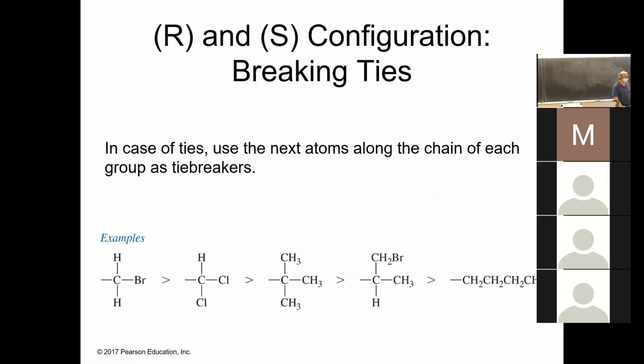I'll mention this again. If there's a tie, we go out to the next atom. And 1 bromine beats out 2 chlorines. Bromine has a higher atomic number than chlorine. As soon as we find a difference, then we stop.